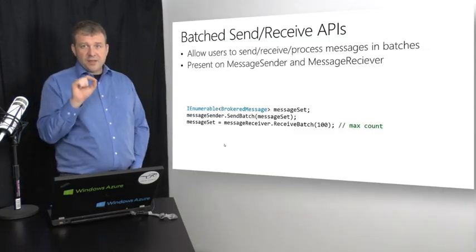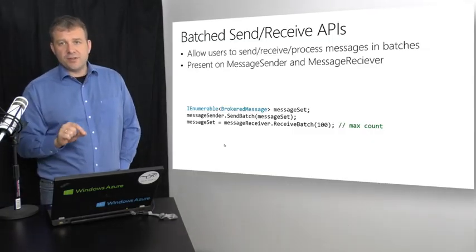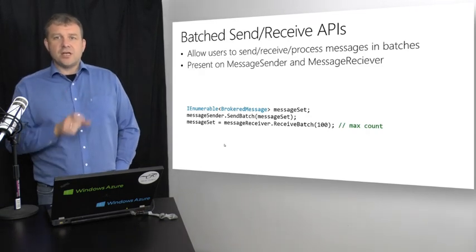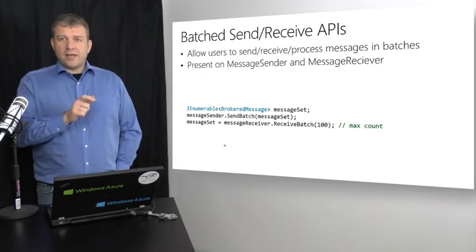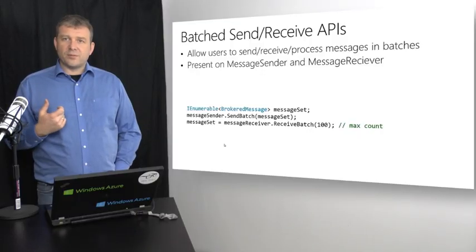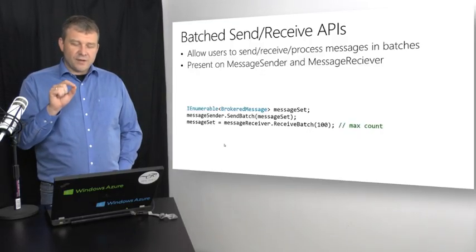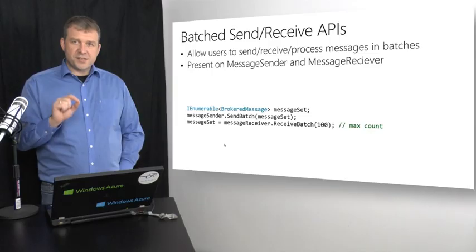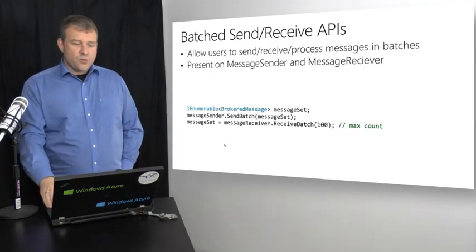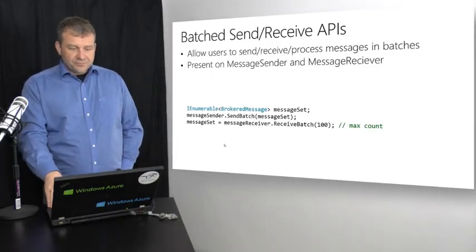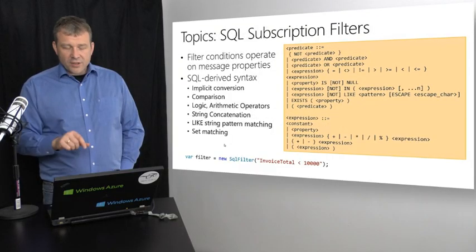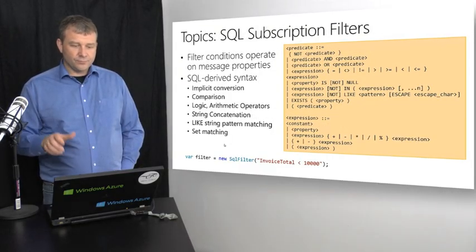This is really if you need to send and receive messages in chunks, and in an atomic fashion. We have another feature to increase the throughput, which is called prefetch, and I'm going to get to that in a little while.